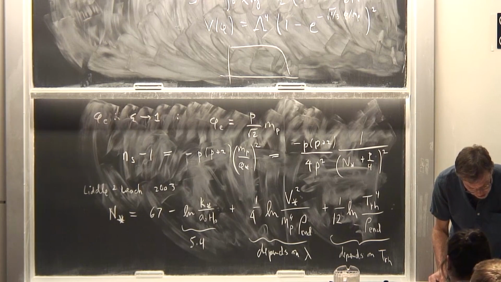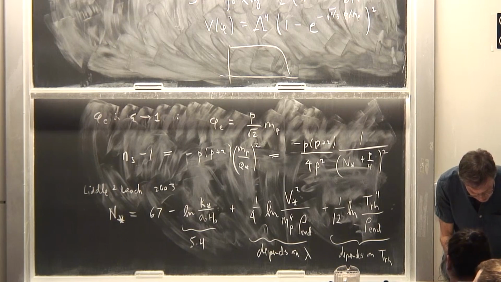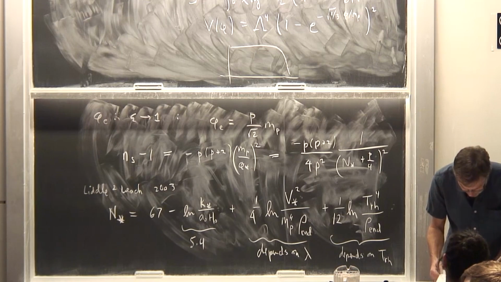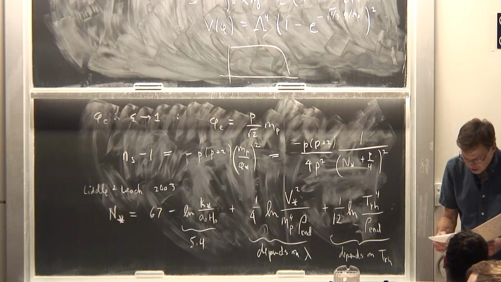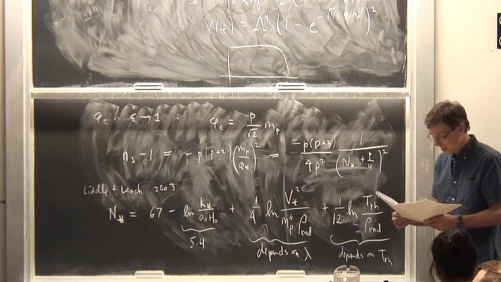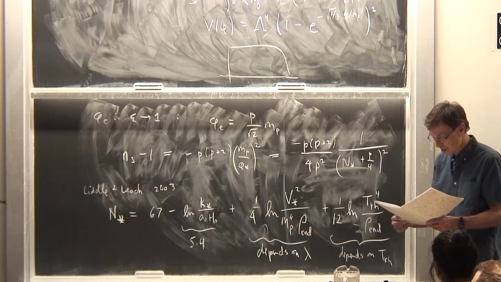If you just go online, you'll see, but I don't remember what value m has to be in order to fit the data. And it looks like I didn't write it down. I think it might have to be a few orders of magnitude less than the Planck scale, actually.